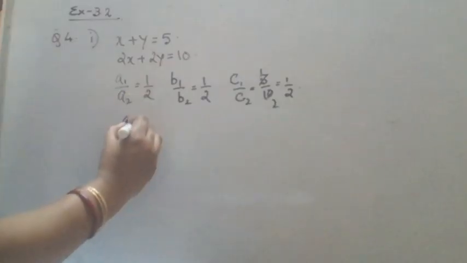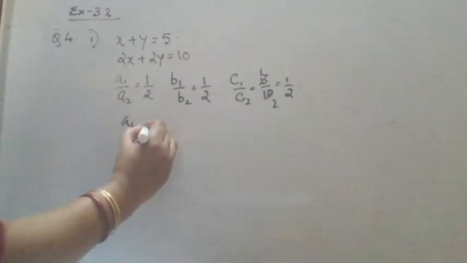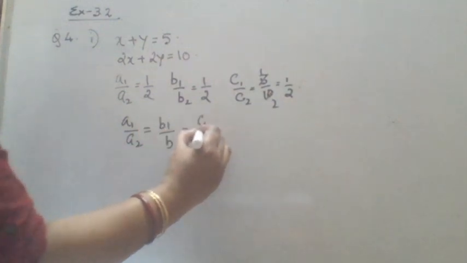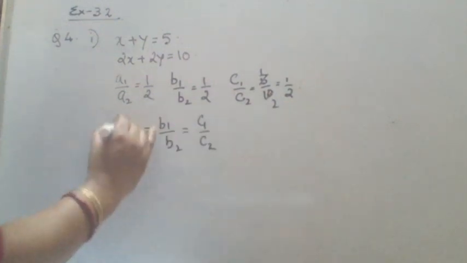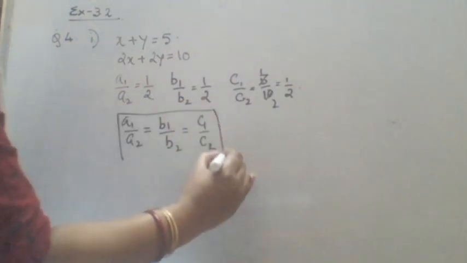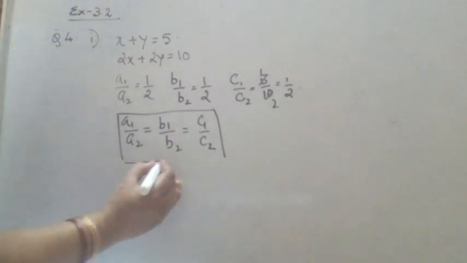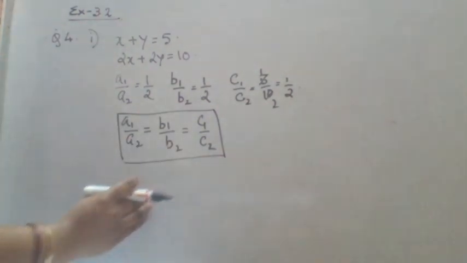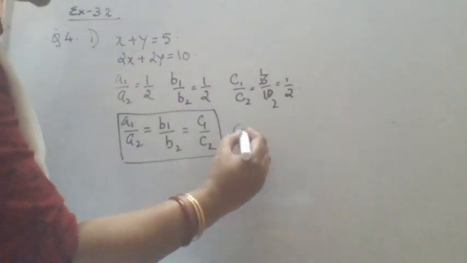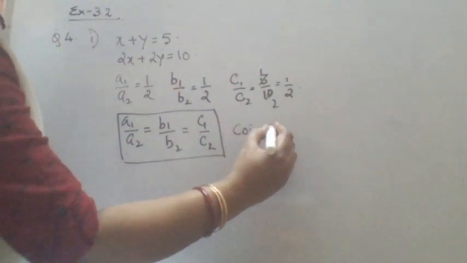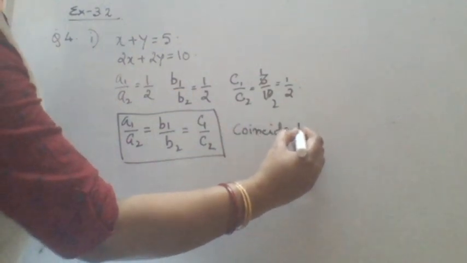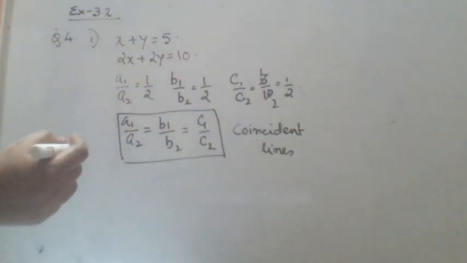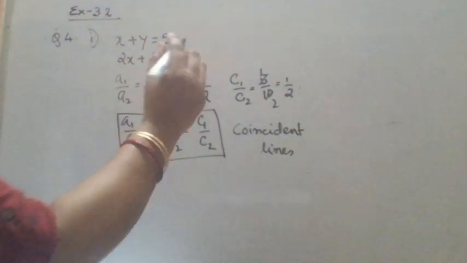Therefore, you see A1 upon A2 is equal to B1 upon B2 is equal to C1 upon C2. So, what do you conclude? The prediction from this is that these are coincident lines. That means it is consistent and going to have infinite solutions.